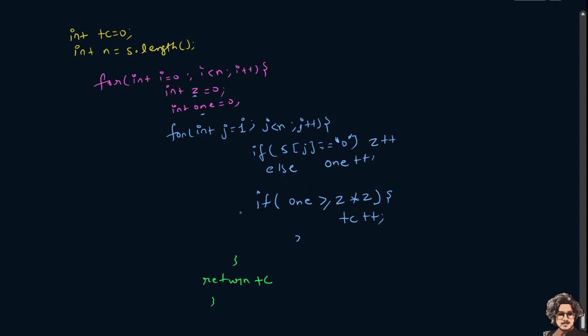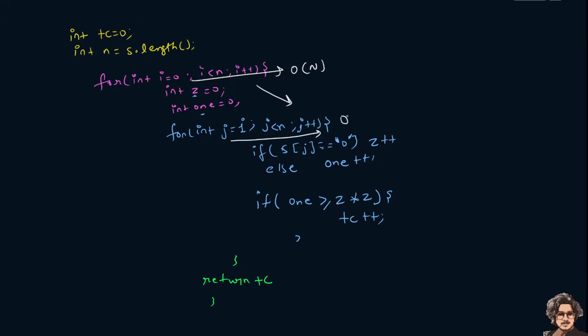But the problem with this code is that it won't work for higher time complexity. This is running in order of n, and this is the nested loop, also running in order of n, so the whole thing is order of n squared.